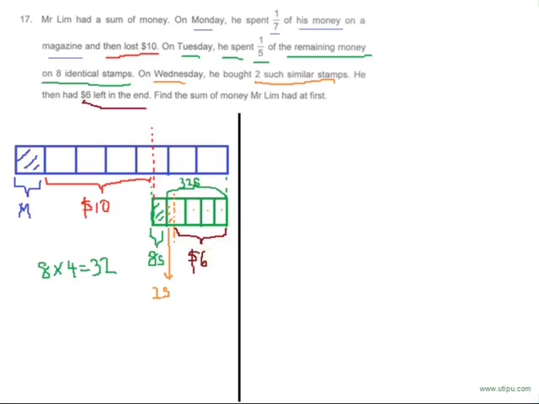Now, looking at the green model, we would have seen that 32 minus these 2 stamps, which is the remaining 30 stamps, is equivalent to $6. So I know that 32 stamps minus the 2 stamps that do not belong there is 30, and these 30 stamps are equivalent to $6.